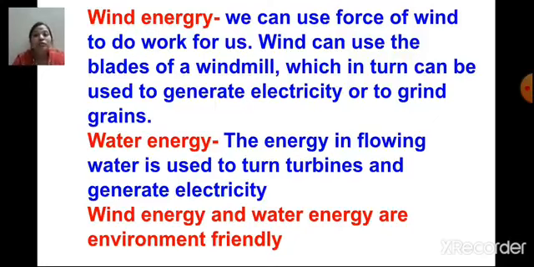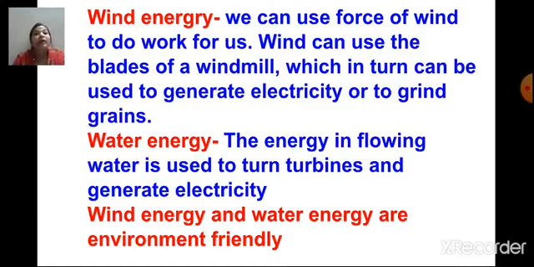We can use the force of the wind to do work for us. And what kind of work? Have you seen the windmills when traveling from one place to another? What does the wind do? Yes, the wind moves the blades of the windmill, which in turn can be used to generate electricity or to grind grains.